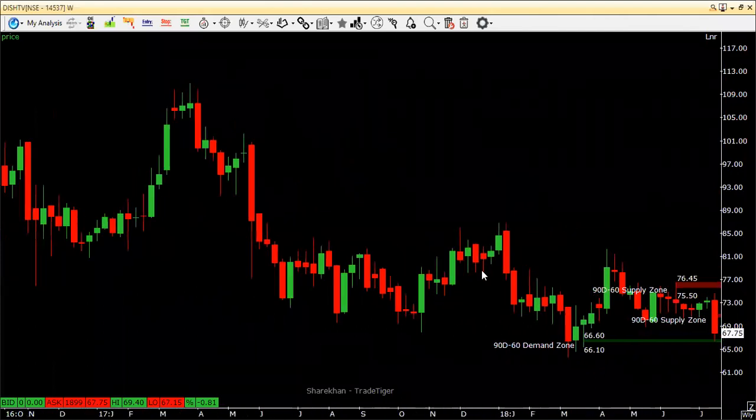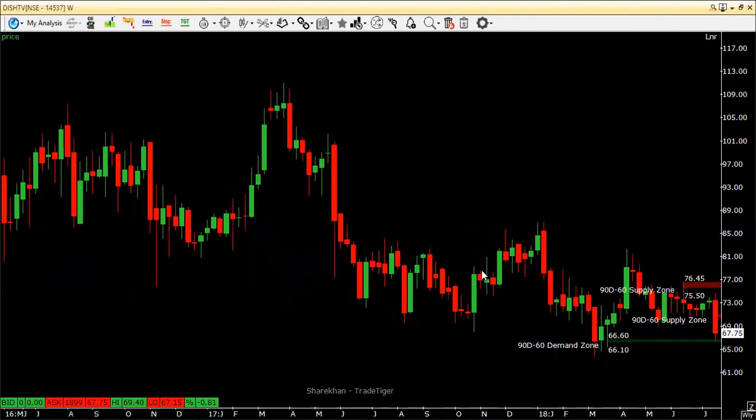So this weekly chart gives me a bird's eye view, or a higher time frame view, of what is really going on in the market. Where are the higher time frame demand zones and supply zones? Am I very low on the curve, or where am I on the high on the curve? So these are things which my weekly chart will tell me.